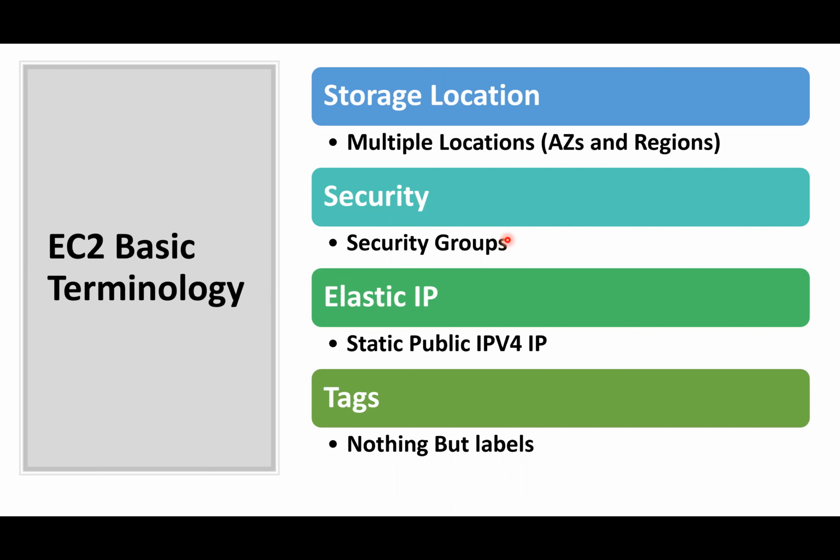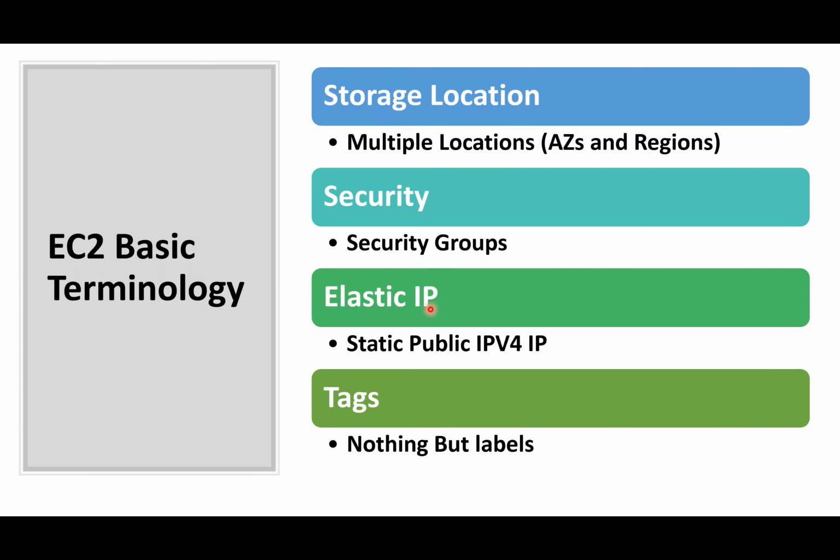So elastic IP, we talked about this yesterday, and I'll tell you again that elastic IP is nothing but a static public IPv4 IP, which is provided by Amazon, and Amazon charges for elastic IP. Once you assign an elastic IP to yourself, you'll get charged for it, no matter whether you use it or not.